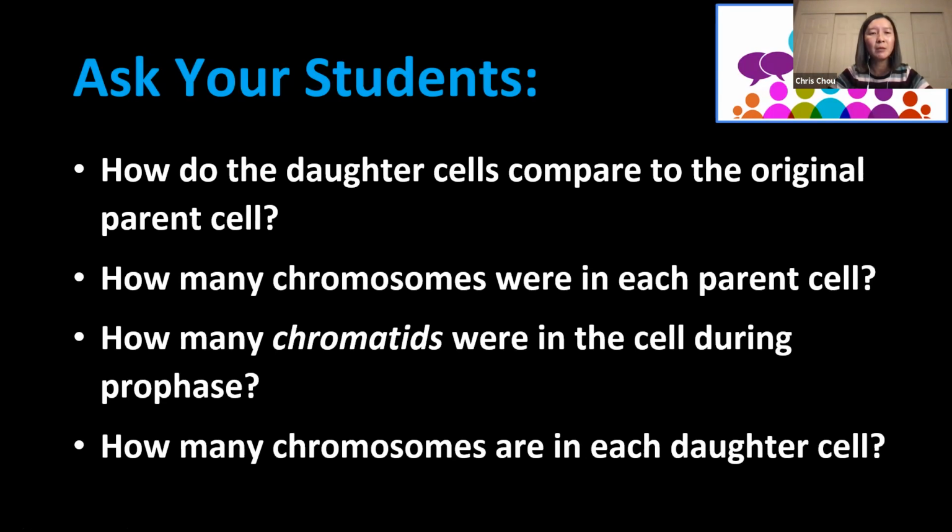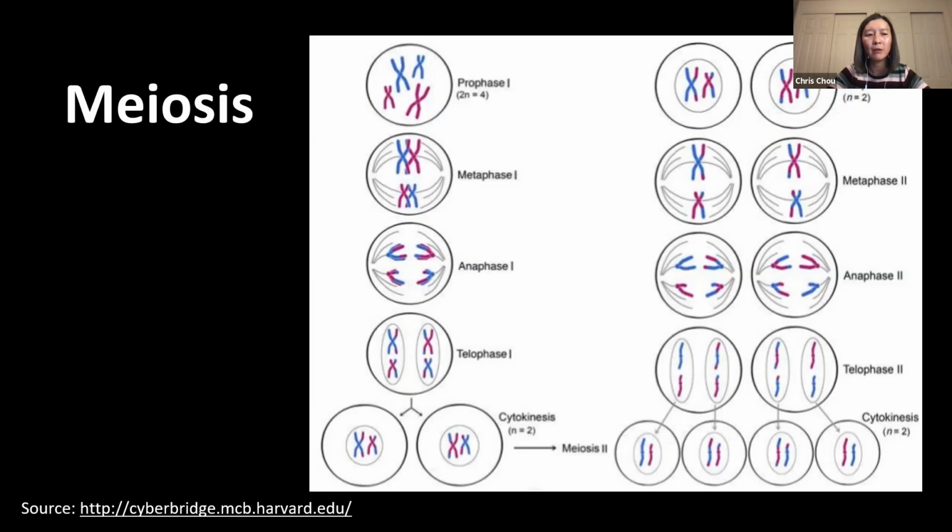And then really important to ask them in terms of numbering, how many chromosomes were in the parent cell, how many chromosomes replicated, how many chromatids, and then how many chromosomes are in the daughter cell. And so using these terms are really important for students to be able to articulate their understanding of, because biology, as we all know, is like another foreign language. So that's really helpful.